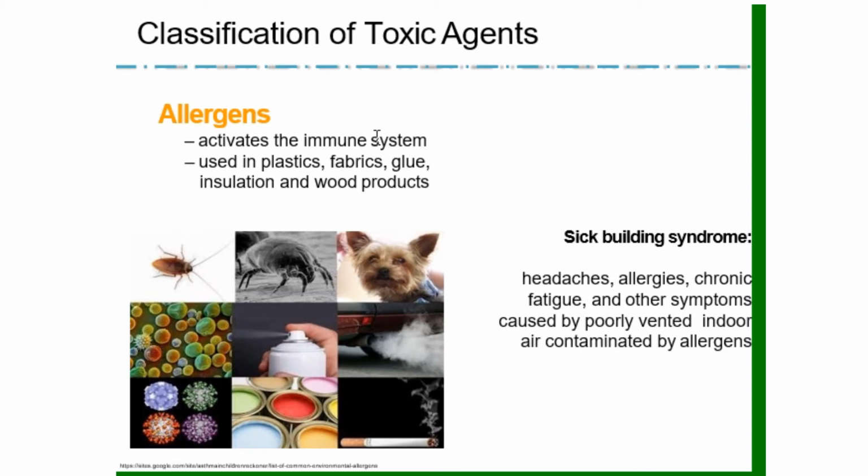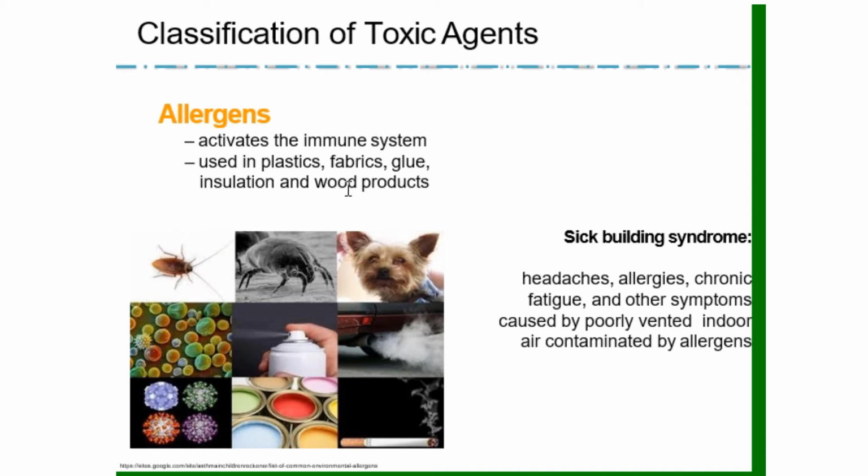So same with this one, it activates the immune system for the allergens once you are introduced to it. So kunyari merong allergen, technically it will activate your immune system, your immune response, your immune cells will be activated.